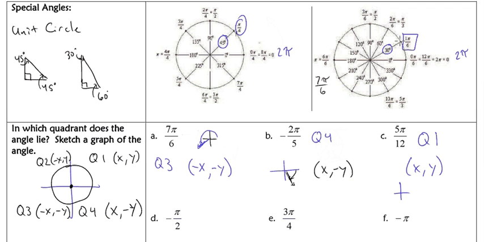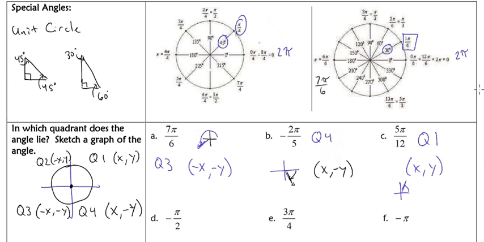So if you went 1, 2, 3, 4, 5, that's 150 degrees, but that cut in half is 75 degrees. So you're right around here somewhere. But if you want to think about it in terms of, is it more or less than pi divided by 2, because that's kind of your boundary line, that's 90 degrees. And 5/12, that's less than 1/2. And so that's got to still be in quadrant 1.